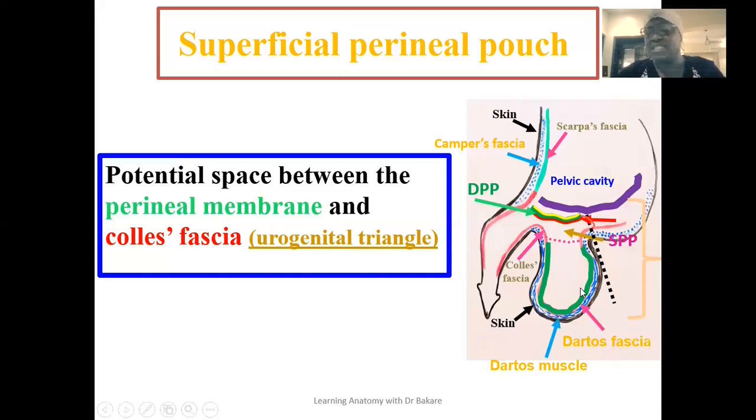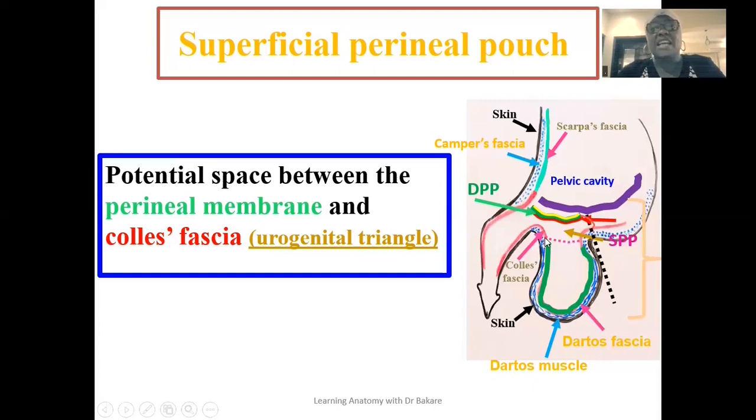So if you look through this region, if you go more superiorly, still around the perineal region, around this point, you see that the dartos fascia will become continuous as the Colles fascia. So around this upper region where we have the superficial perineal pouch, you see that the inferior limit here, we then have the Colles fascia.